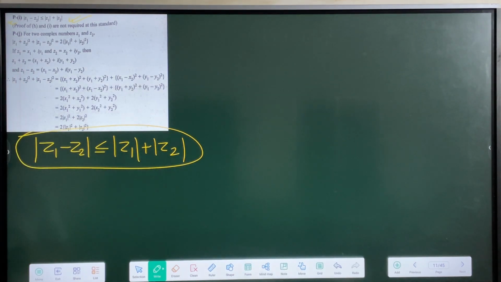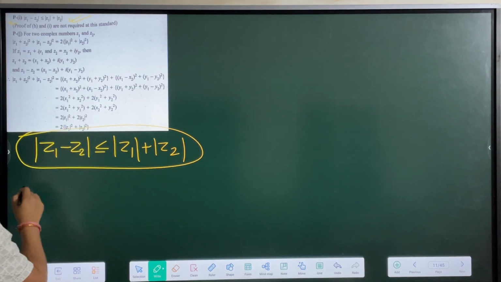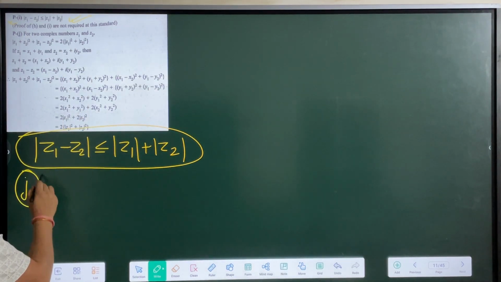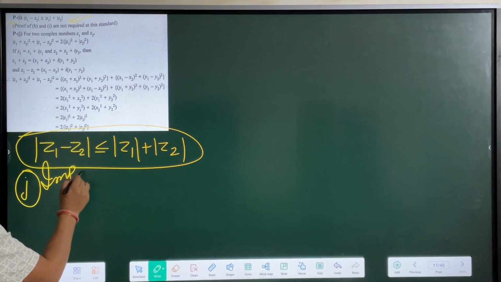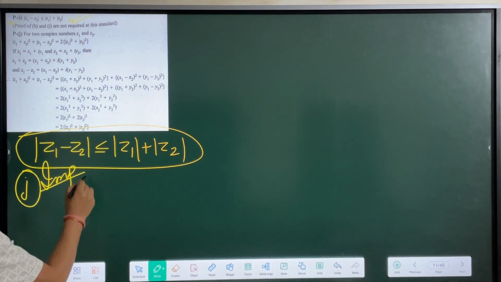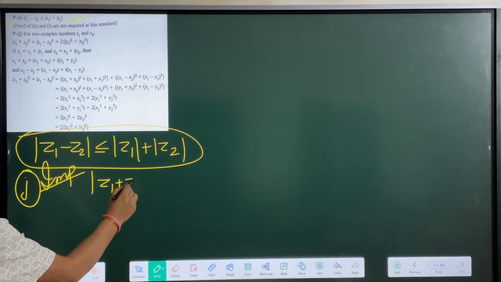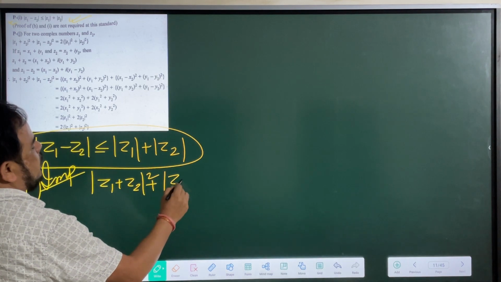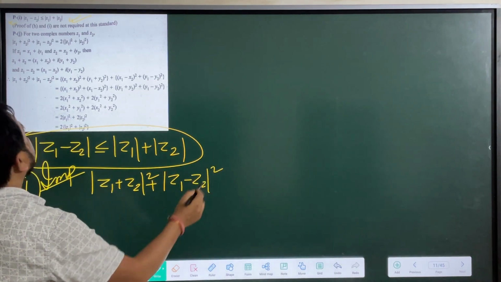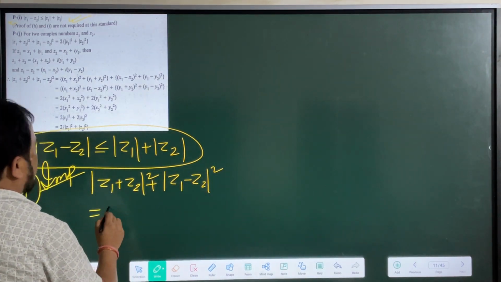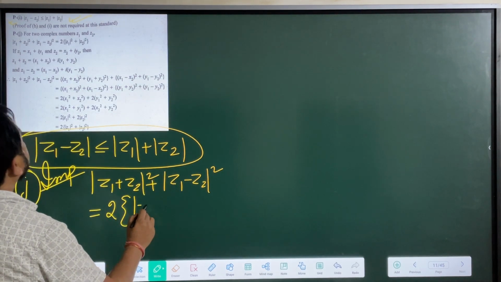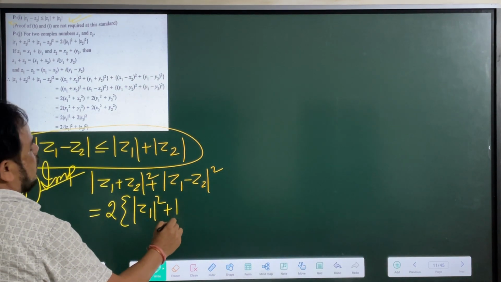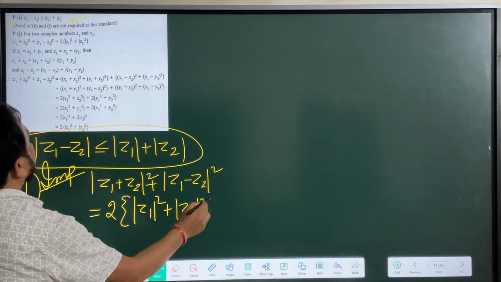Now J, for two complex numbers Z1 and Z2, this will be required. This property is very important. What is written? Modulus of Z1 plus Z2 whole square plus modulus of Z1 minus Z2 whole square is equal to 2 times modulus of Z1 square plus modulus of Z2 square.